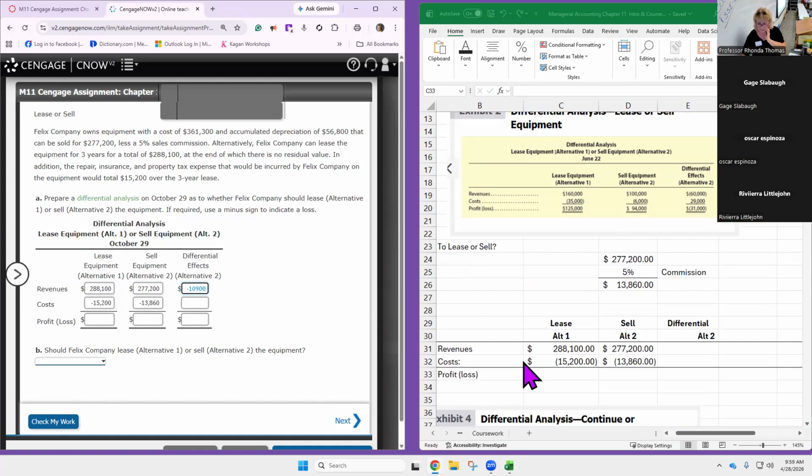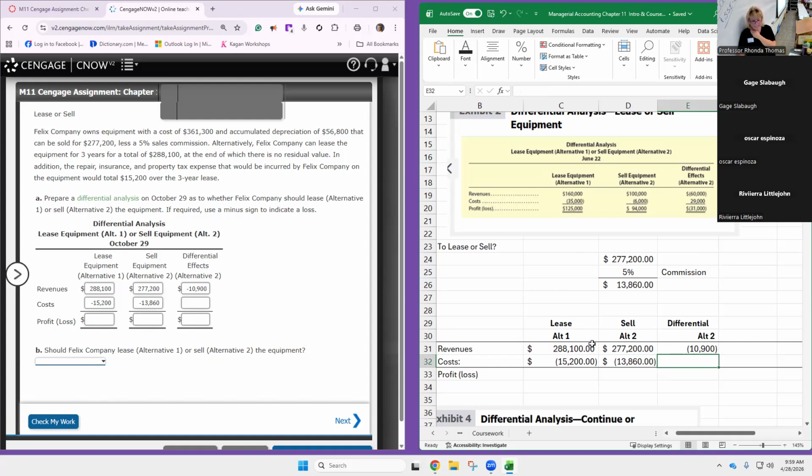Okay, let me just double check my math here. I'm going to start with the sale and subtract the lease. So that's 10,900 as a negative number. You say, why is that negative?